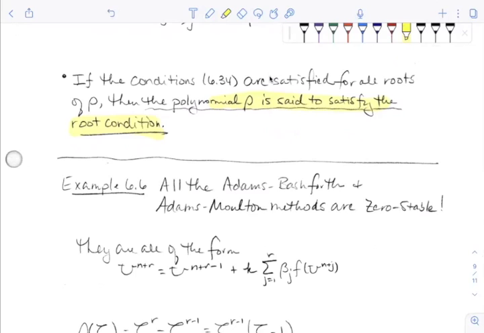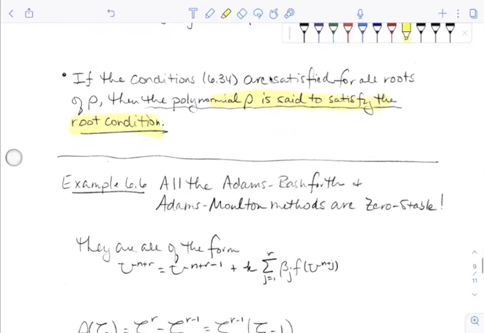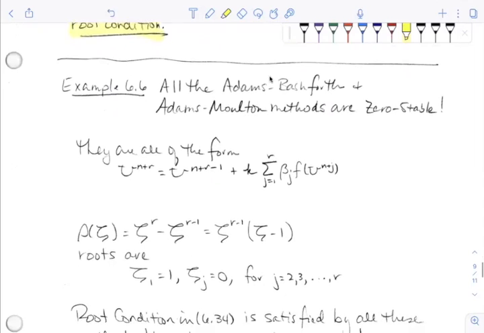Quick example, and it actually covers a lot of ground. All of these Adams-Bashforth and Adams-Moulton methods that we've been looking at in chapter 5, those are all zero stable. There is some measure of stability about them. Why is that so easy to explain?